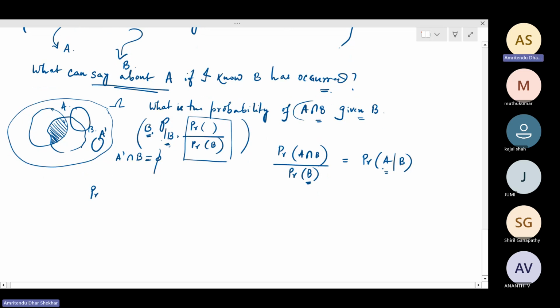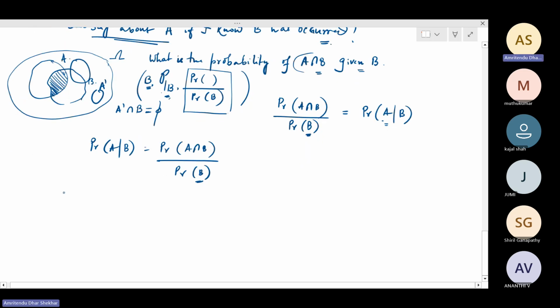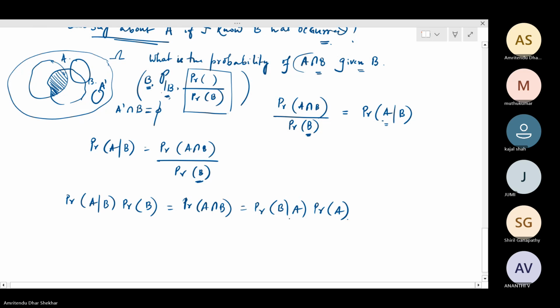So this is the definition: probability of A given B is equal to probability of A intersection B over probability of B. Of course, you then have probability of A given B times probability of B is equal to probability of A intersection B, which is equal to probability of B given A times probability of A. And this is your Bayes rule.